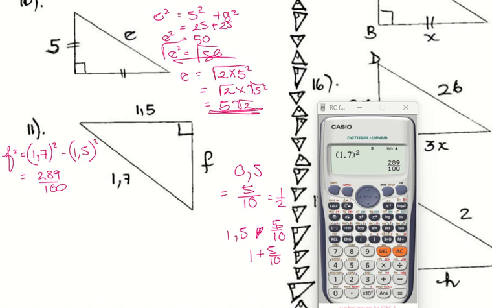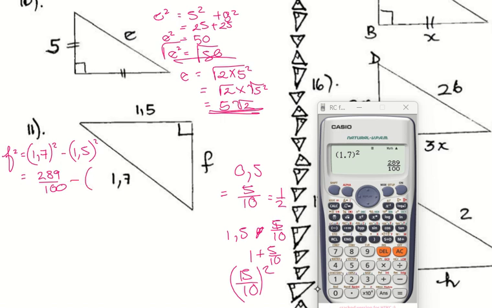So if we simplify here, then you can check on your calculator, it's going to be 15 over 10. Alright? 15 over 10 can be simplified to 3 over 2. Now, if we square this number here, what is 15 squared? 225.